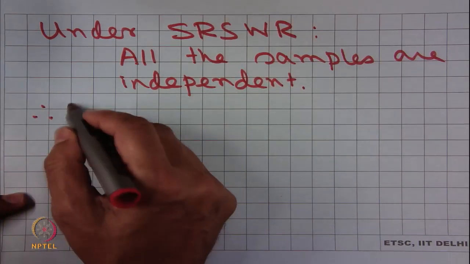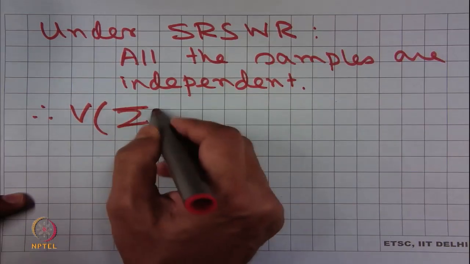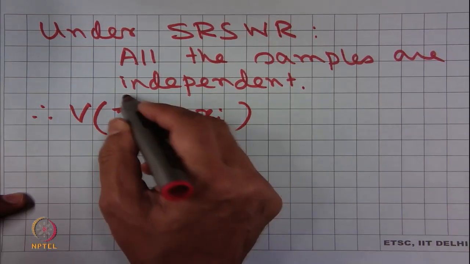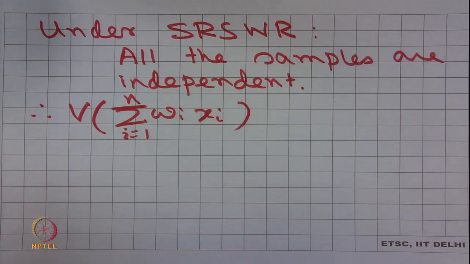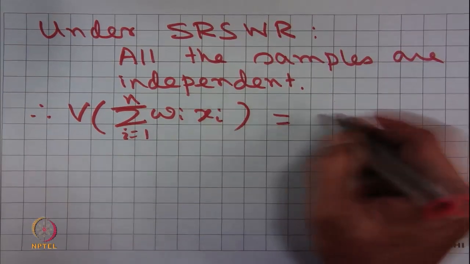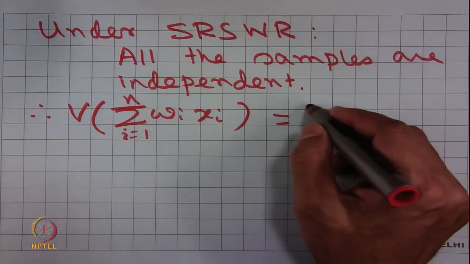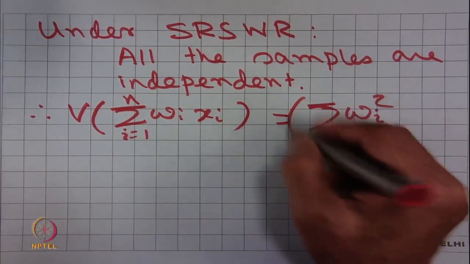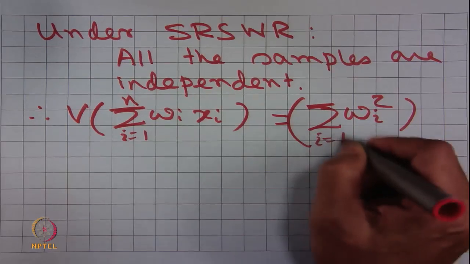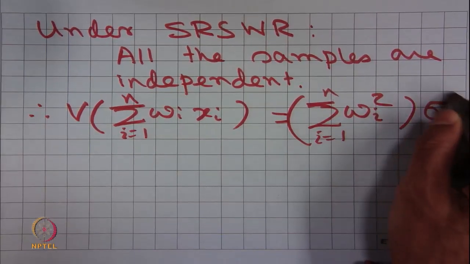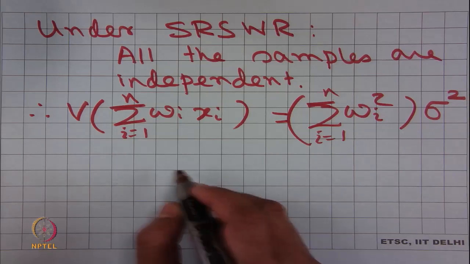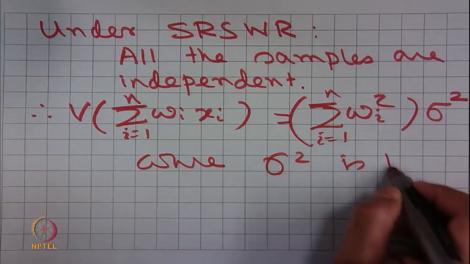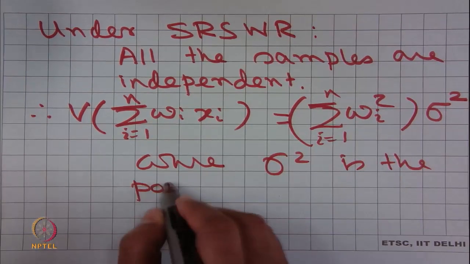Therefore, variance of sigma wi xi, i equal to 1 to n, is equal to sigma wi square, i equal to 1 to n, into sigma square, where sigma square is the population variance.